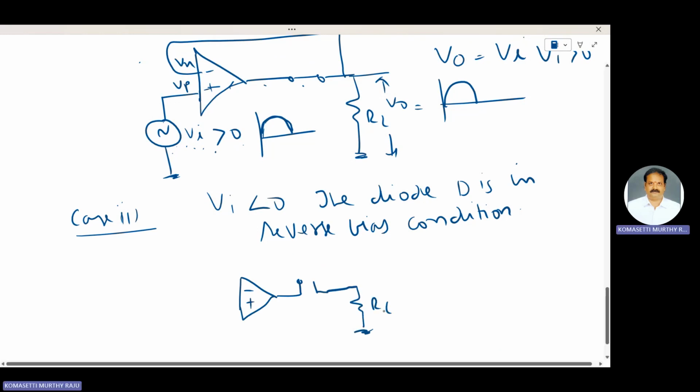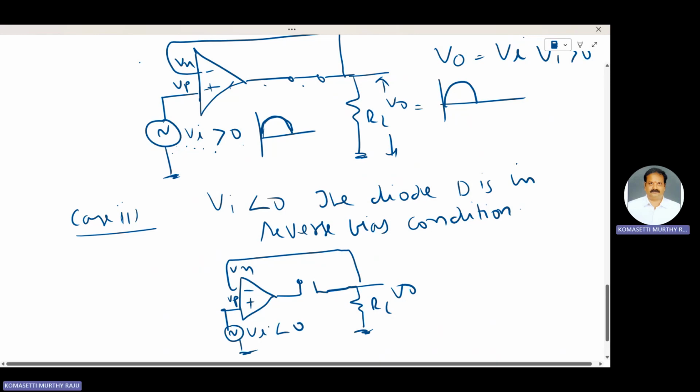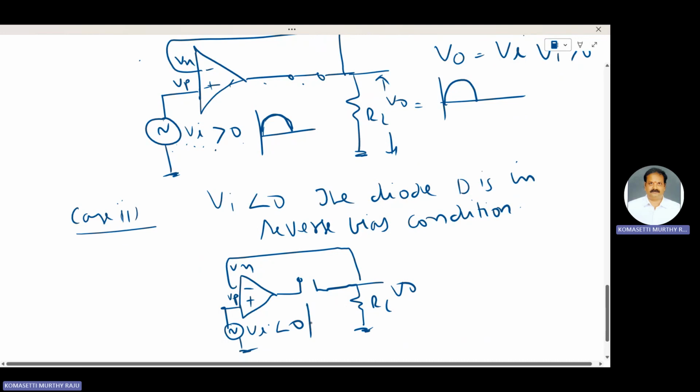The load resistance is like that. Here V0, this one is Vn, Vp. Vi is less than 0. That means under reverse bias condition, the negative half of the sine waveform, it is an open circuited condition.